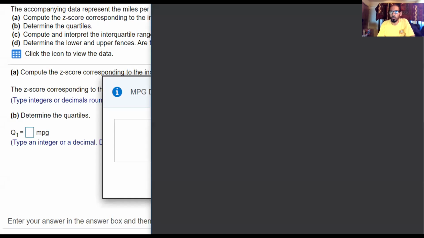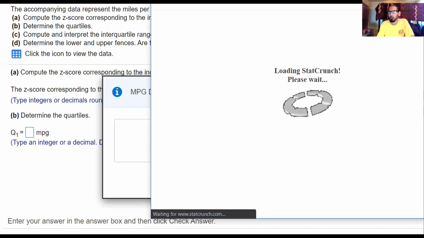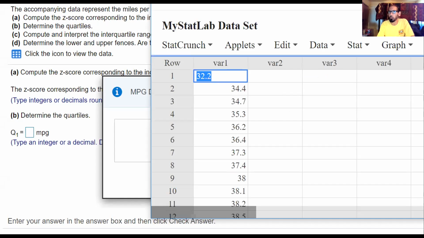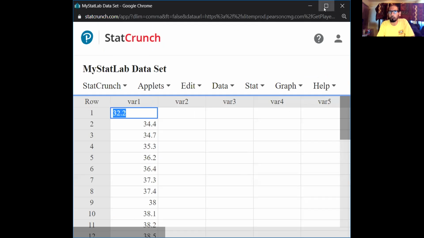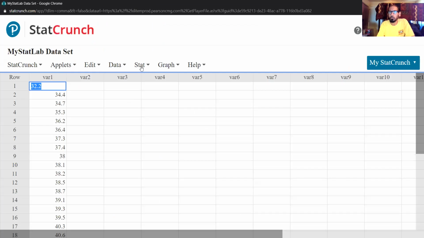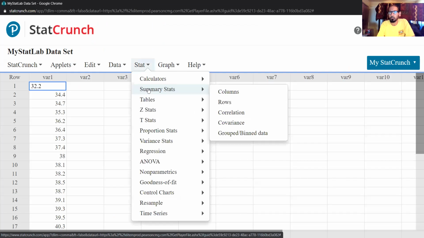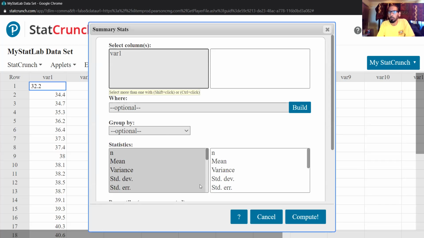And again, this is all stuff that I've shown how to find by hand as well. So let's see here. Okay. Got it. Go to Stat, and Summary Stats, Columns, variable 1, quartiles.